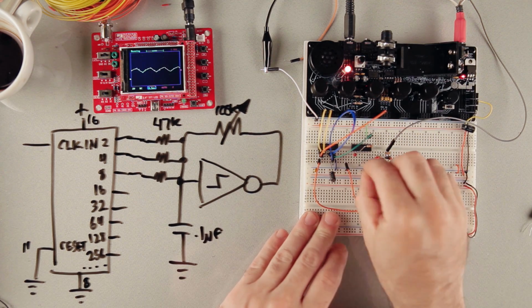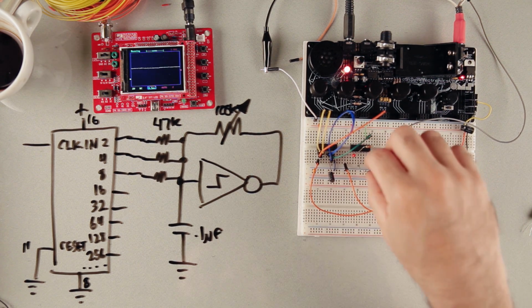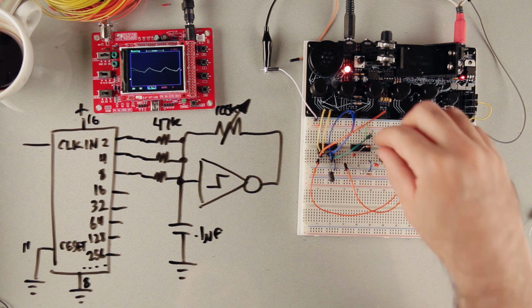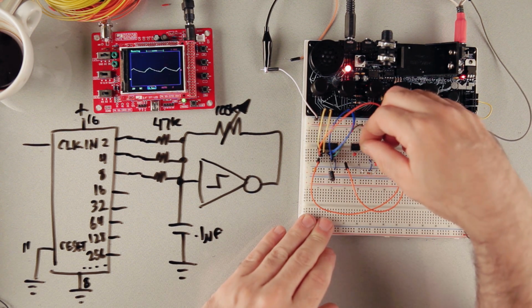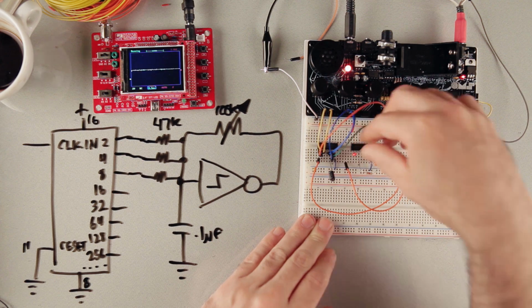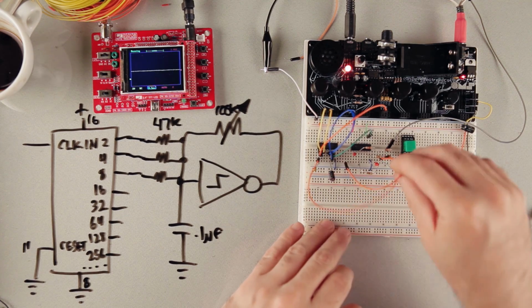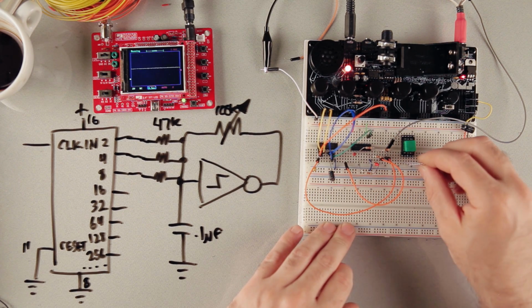And then we can try different configurations, see what happens. Now, if we were to use a button, we could make and break certain connections, so let's try that.